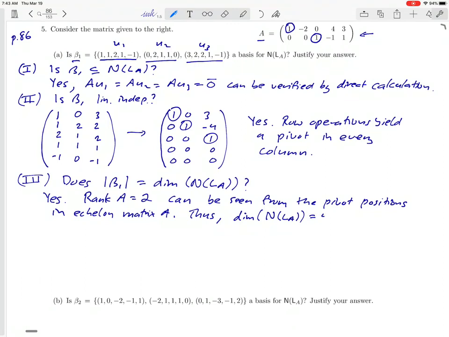Okay, so the dimension of the null space is equal to 5, that's the number of columns in our matrix, minus the rank of A. Okay, we just convinced ourselves that the rank of A is 2, and so we get 3, which just happens to agree with the number of vectors that we have in beta 1. Okay, so if we put 1, 2, and 3 together, we have proven that beta 1 is indeed a basis for the null space of L of A.